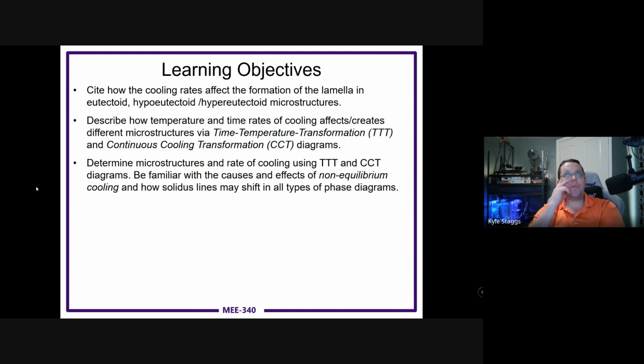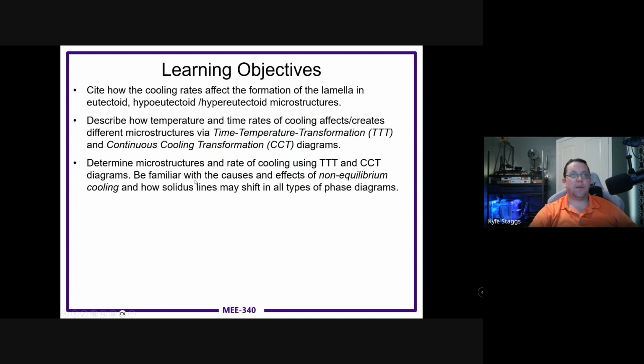So all of these microstructures are formed in different ways as a result of what path you follow in the time temperature transformation, or the continuous cooling transformation diagrams. Those are those temperature versus time graphs that we're looking at. The rate of cooling is what's going to tell us what the microstructures are.